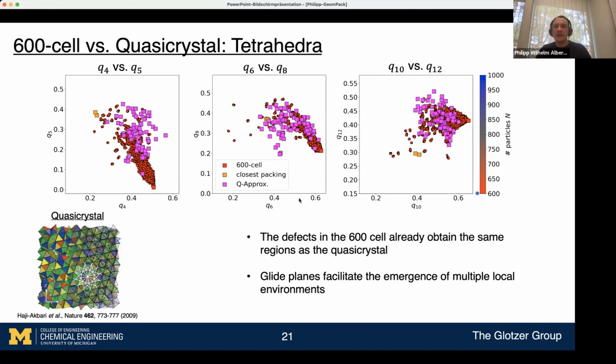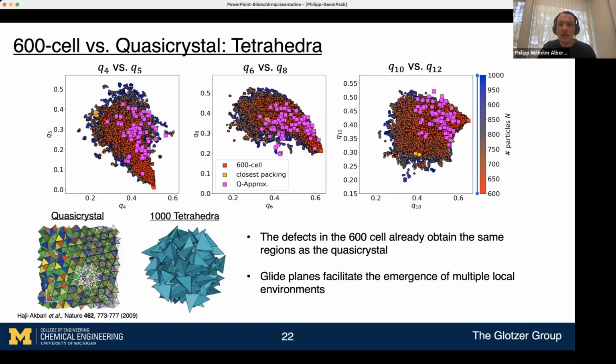So even in the perfect 600 cell, the typical environments of a quasicrystal are already present, which means the quasicrystal is probably a result of an easy integration of defects, of vacancies and interstitials, into the perfect 600 cell tessellation.